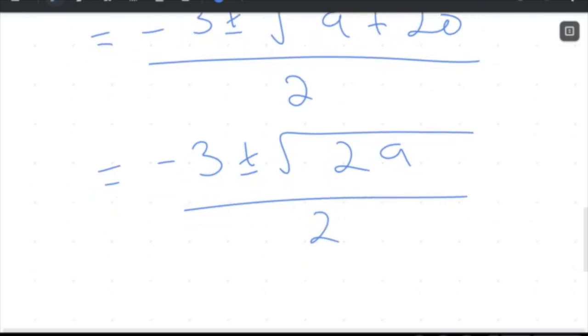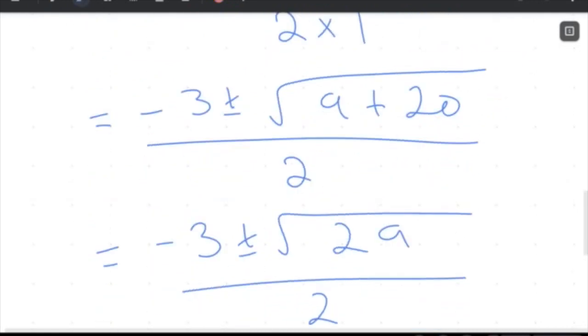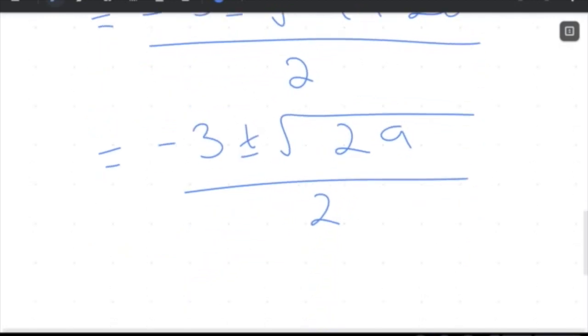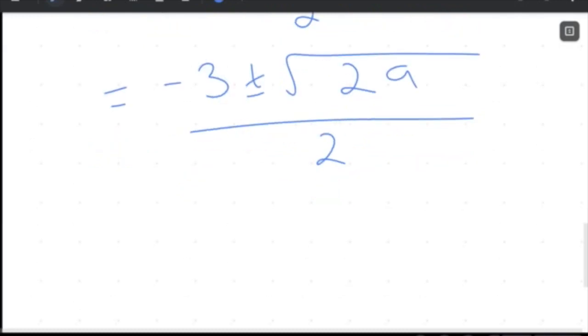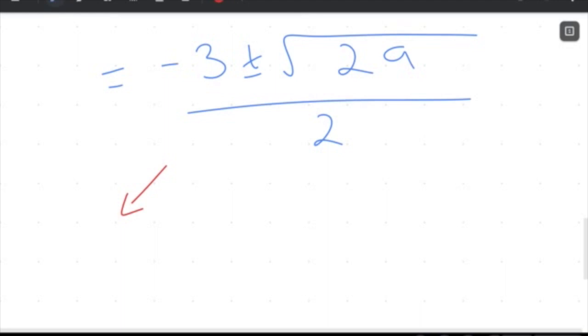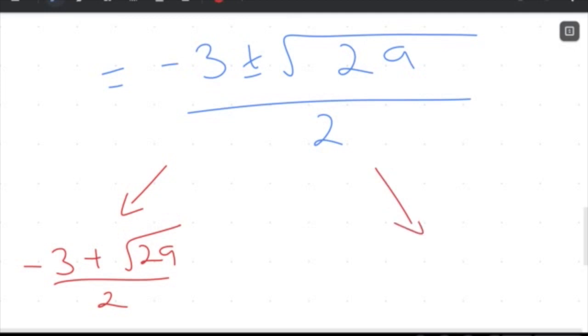Okay, so this is obviously a surd, so we're not going to get a very nice answer, but in this question, the book I'm reading from says to round the values to 2 decimal places. So one of these solutions is going to be negative 3 plus root 29 over 2. And the other one is going to be negative 3 minus root 29 over 2.